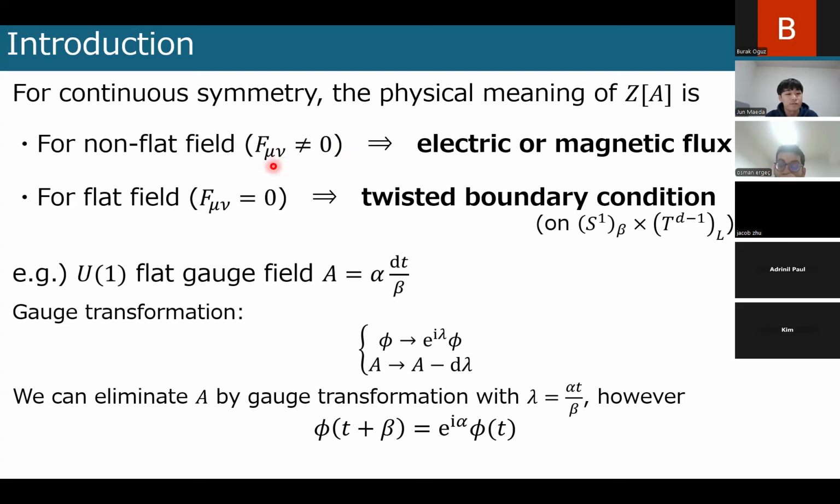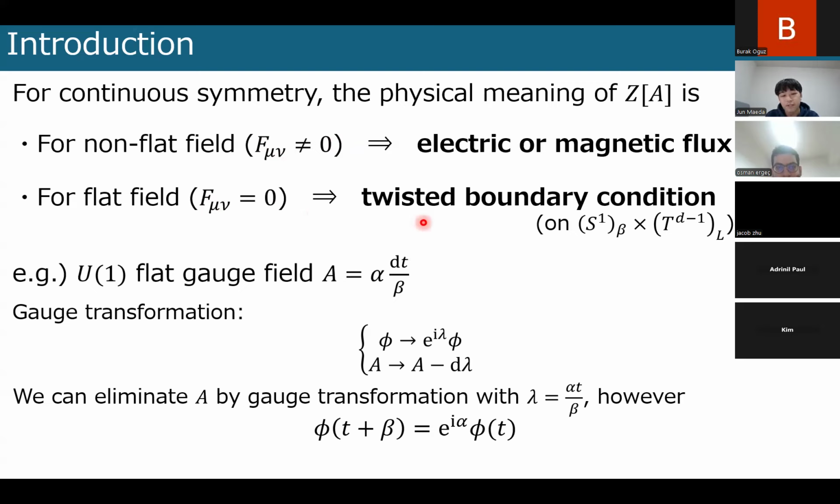And for flat fields, which means fields with zero field strength, one may wonder there is no degree of freedom. But actually, there is a degree of freedom of holonomy of the gauge field, and it is equivalent to imposing twisted boundary conditions.